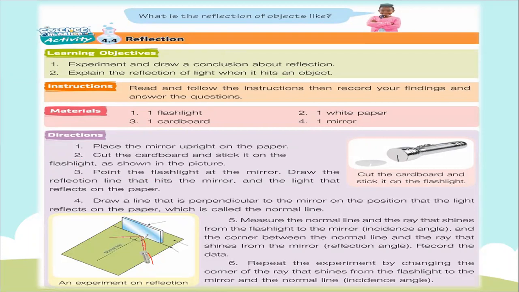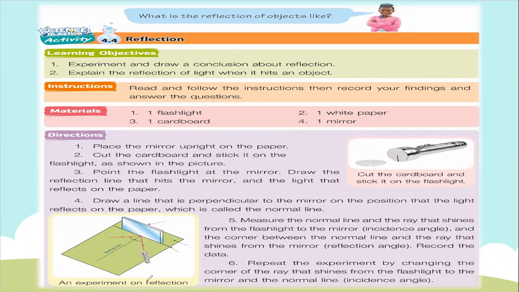So we have to draw a line, and then we have to draw a line toward the reflection, like the light when it hits the mirror. After hitting the mirror, it reflects from the mirror. In which angle it reflects, we have to draw that. So this is the third instruction.